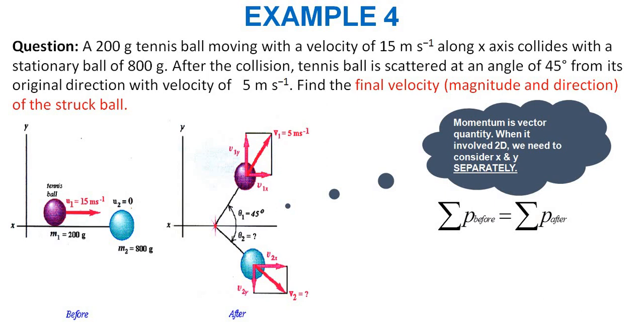Find the final velocity, magnitude and direction of the struck ball. Firstly, we visualize this problem. Both balls are on the x-axis before the collision. After the collision, the collision involves 2 dimensions, so we need to consider momentum in x and y components separately.